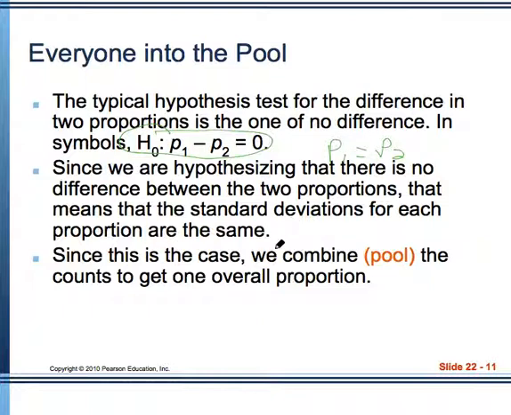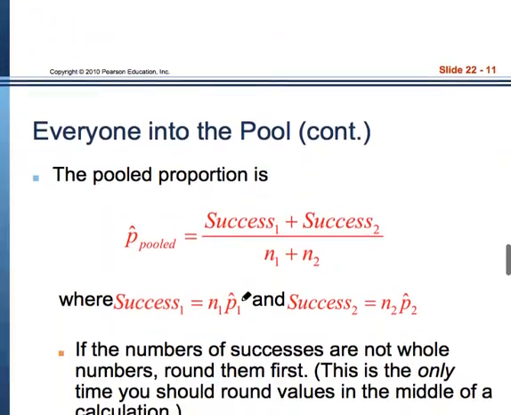Because we're saying there is no difference between the 2 proportions, the standard deviations are the same. The word for that is pooling. We combine them into one overall population.